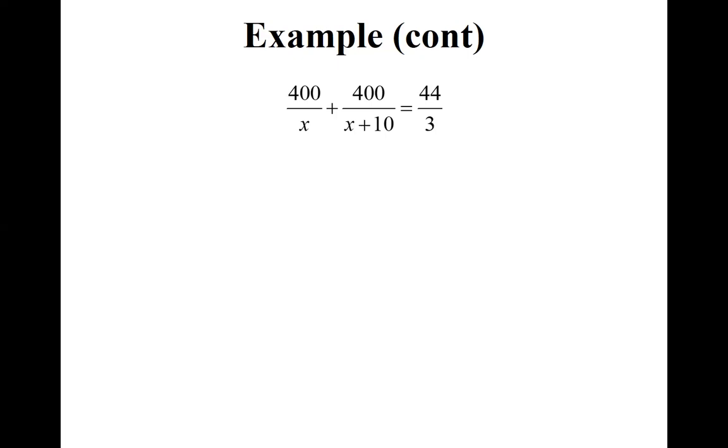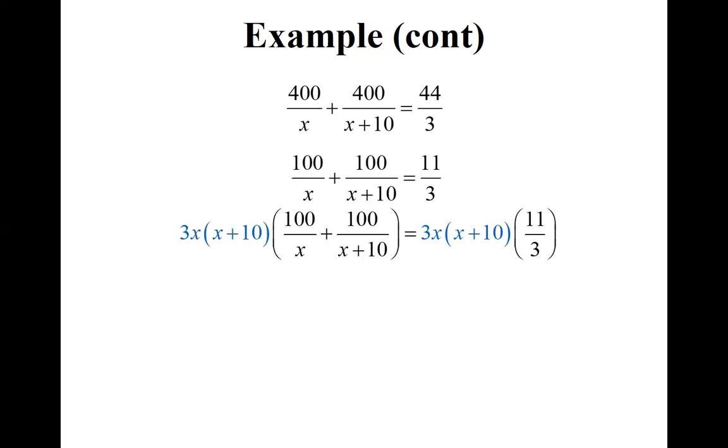The LCD is 3 times x plus 10. Before we get to that, we can divide everything by 4. The 400s become 100s. The 44 becomes 11. Now we multiply by the LCD, the 3 times x plus 10.